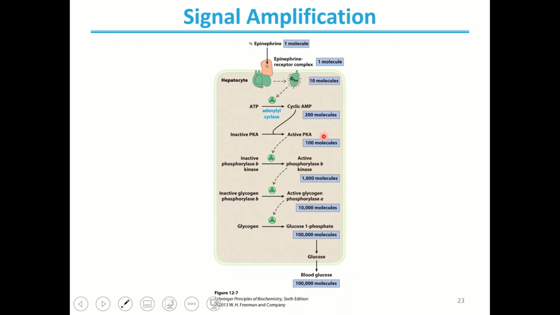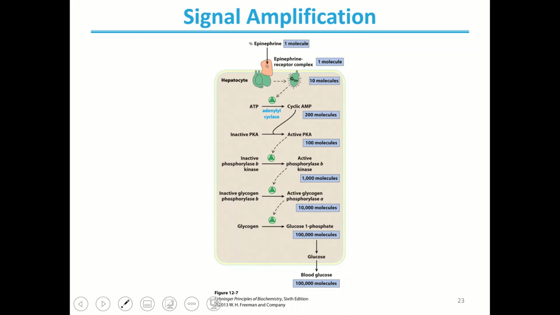So now we've gone from 100 molecules of PKA, in 2 steps, to 10,000 active molecules of glycogen phosphorylase A. That then can break down glycogen into glucose 1-phosphate specifically, and those 10,000 molecules can liberate 100,000 molecules of glucose.